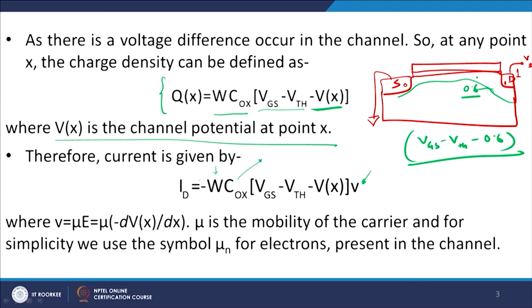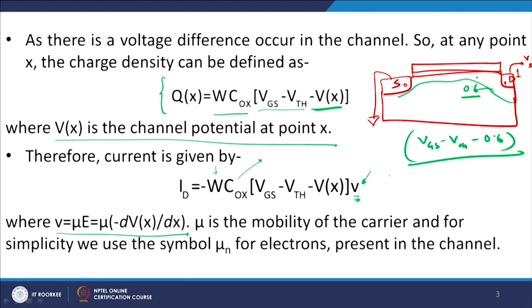As you can see from this discussion, as the value of Vx goes on reducing, the current goes on increasing. So as you make V larger, where V is the velocity of the charge carriers, it is given as mu into E, where mu is the mobility of the charge carriers, and the electric field is minus dVx by dx, where Vx is the voltage at any particular point. So I can replace this by what?